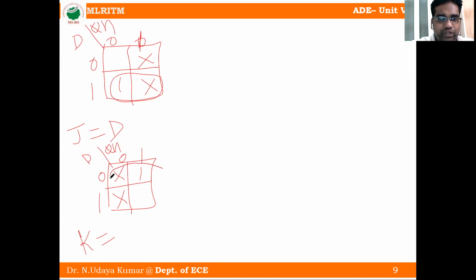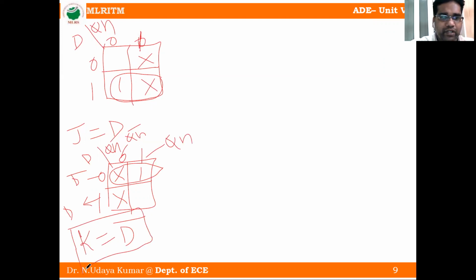This is the possibility to map. So we will get D bar, because in the first row 0 means D bar, 1 means D; here 0 means Qn bar, here 1 means Qn. Okay, we will get K is equal to D bar, J is equal to D.